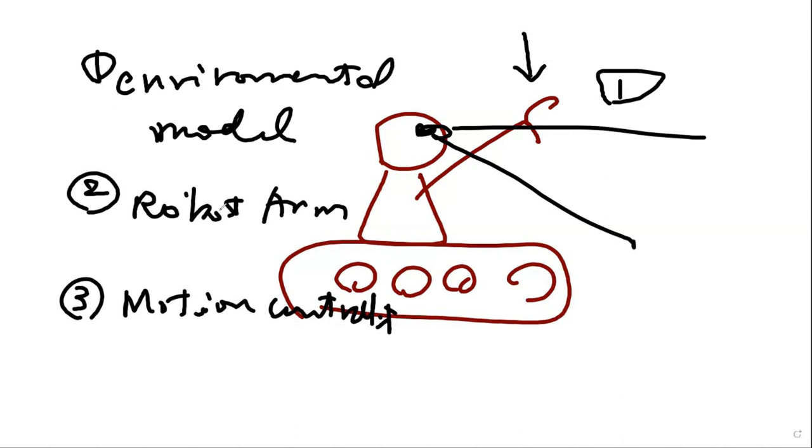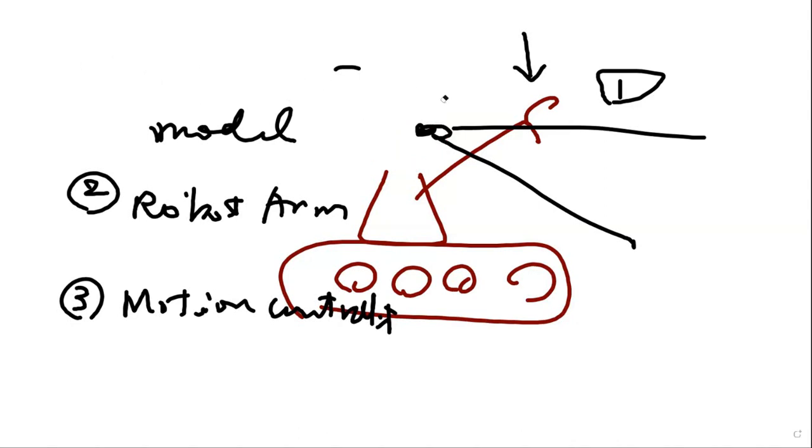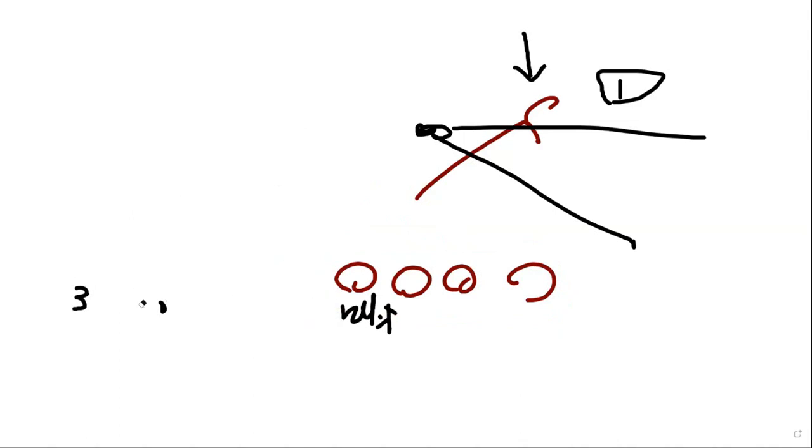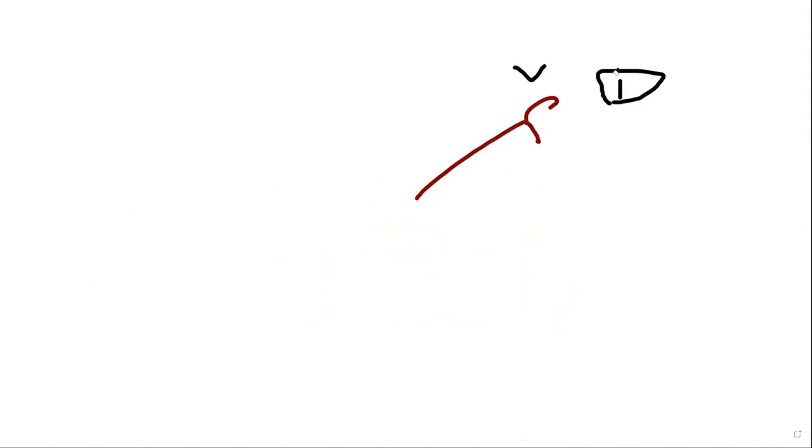So what is the first one, the environmental model? Let's assume that we have a drone or an autopiloting car. You depend on a virtual model that you're driving on.